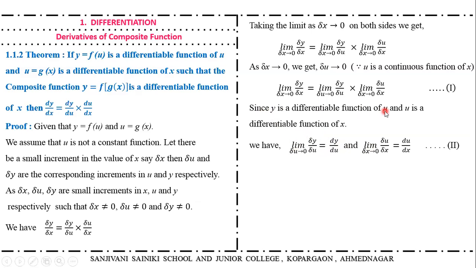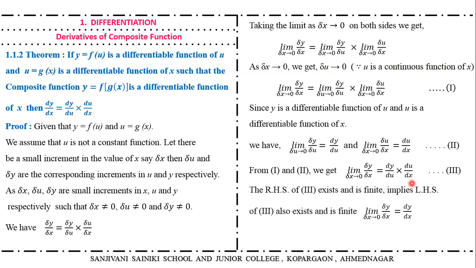Because of this statement. So from 1 and 2, we put equation 2 in equation 1. We get the limit of delta y by delta x as delta x tends to 0 is equal to dy by du into du by dx. Equation number 3.